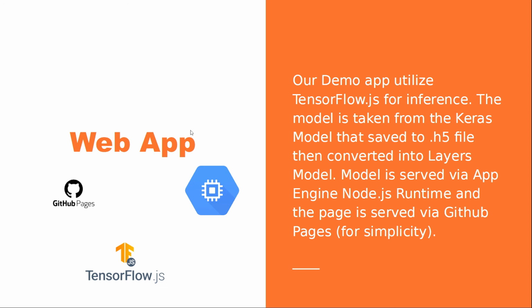Our demo app will utilize TensorFlow for the interface, and the model that we have deployed is taken from the Keras model, and then the file is converted into layers of the model, and then we can use the engine in the Node.js runtime that will be served in pages using GitHub.